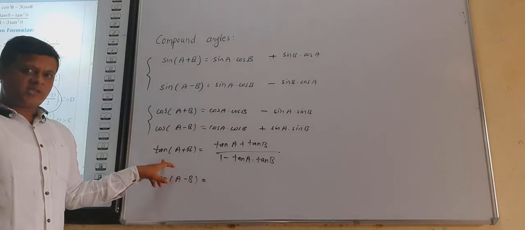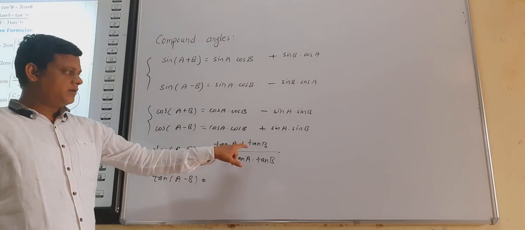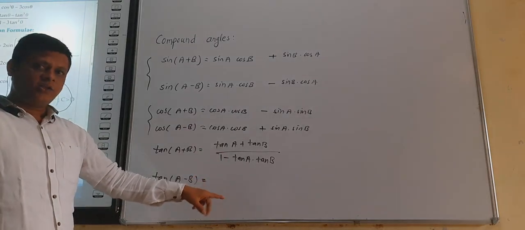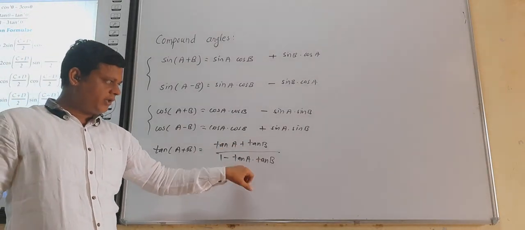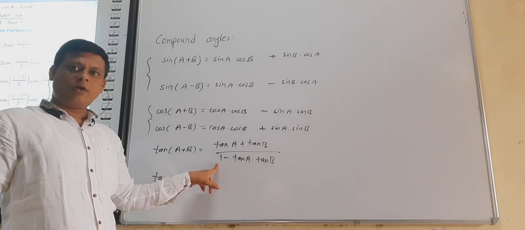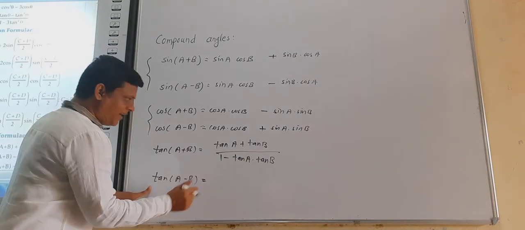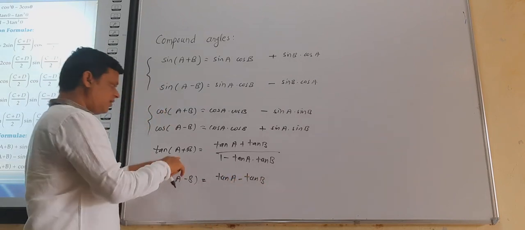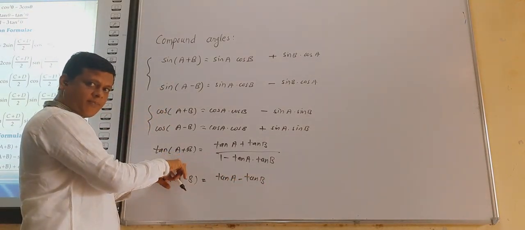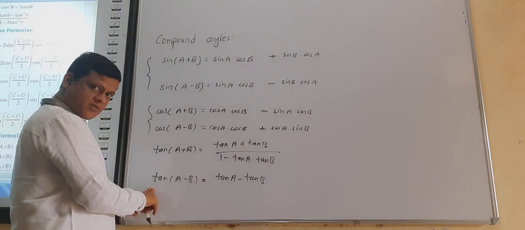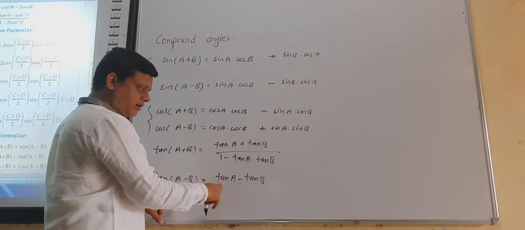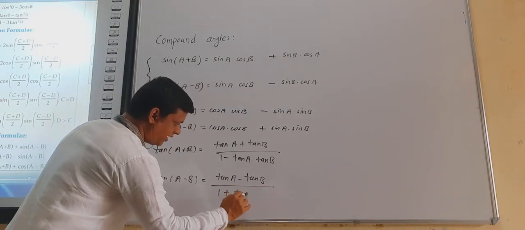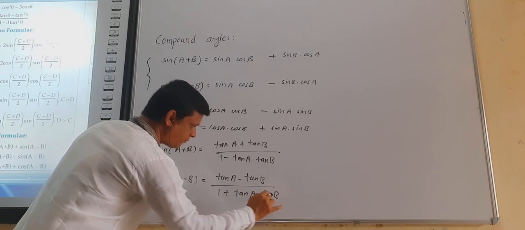In this, if plus is given, we have to write the ratio in plus form, that is tan A plus tan B, and in the denominator we have to write these two in product form but subtracted from 1. Now for tan(A minus B), we write tan A minus tan B in the numerator, and in the denominator tan A into tan B, with plus.